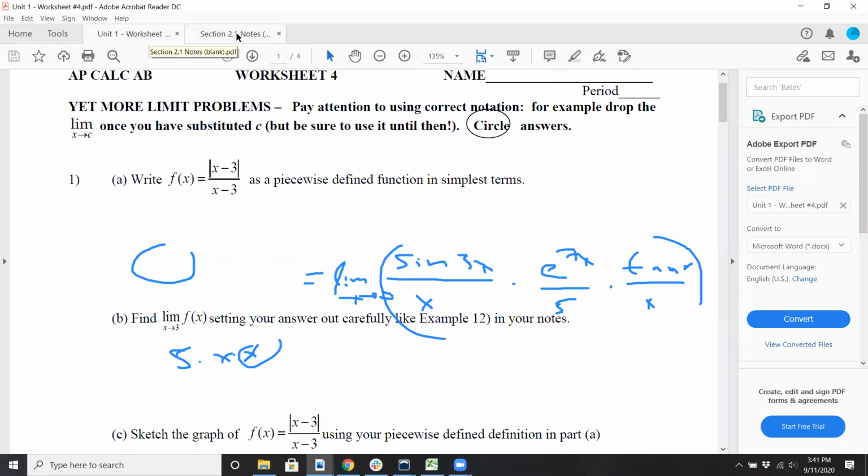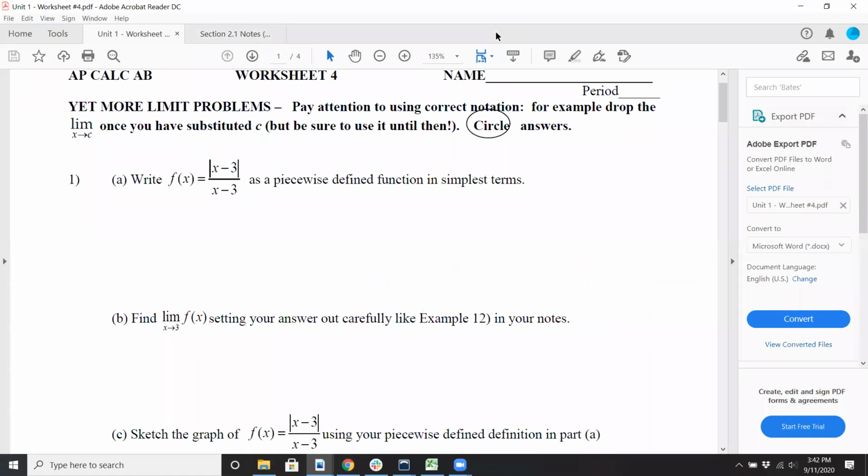And then this one here is kind of similar to what we did with root absolute of x over x. And of course, writing as a piecewise function, which you should be comfortable doing, but I'll kind of give that to you. As a piecewise function, it's going to be x minus 3 over x minus 3, assuming that x is greater than 3, or you can say greater than or equal to 3 if you like.